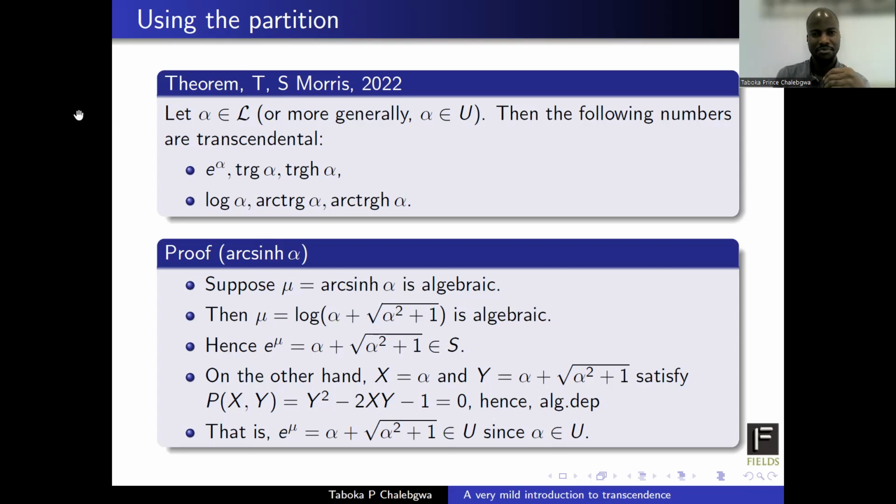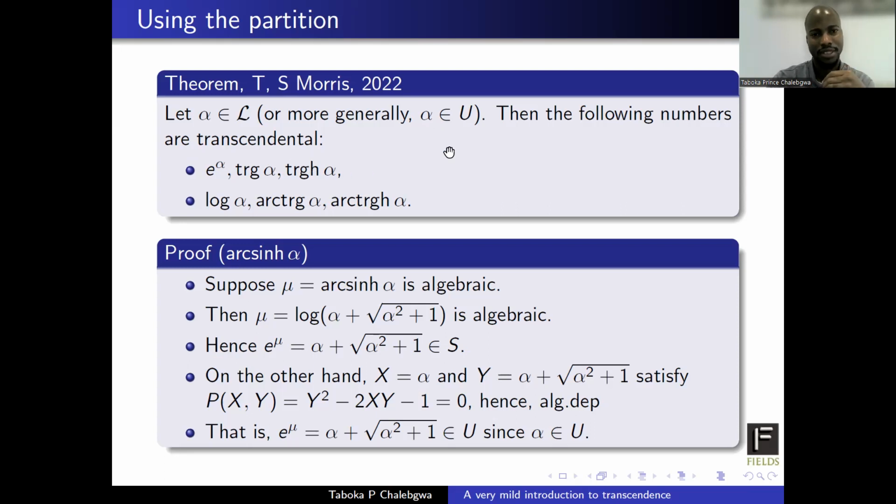We mentioned this in passing, or obtained it as a corollary of some other concept we were looking at. Let alpha be a Liouville number, or, since we are now familiar with Moller's classification, suppose alpha belongs to Moller's class U, but let's just say a Liouville number. Then the following numbers defined in terms of alpha are transcendental: e to the alpha, trig of alpha, and the hyperbolic trig of alpha.